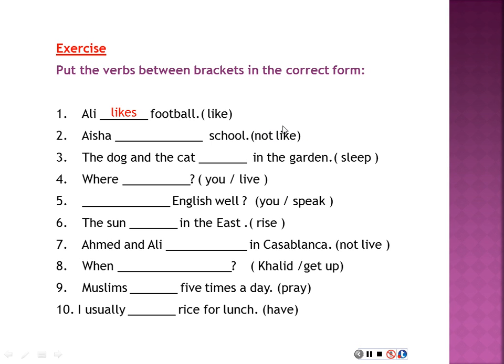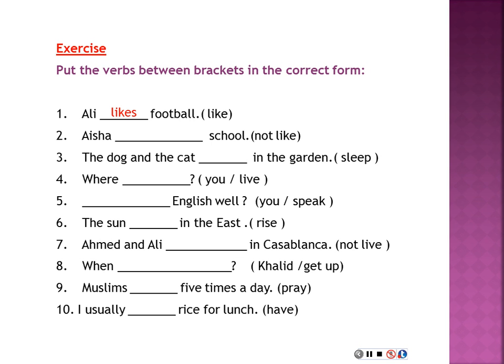So we said in the case of negative, what do we use? We said in the case of negative, when we want to change a sentence into the negative form, what do we use? We use do or does plus not.